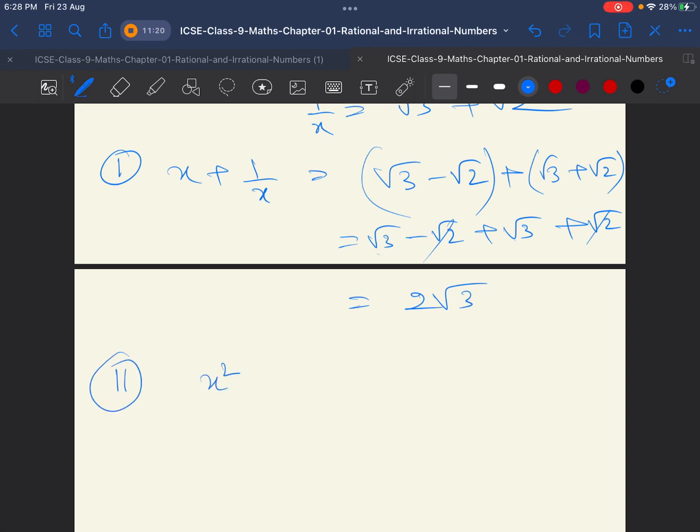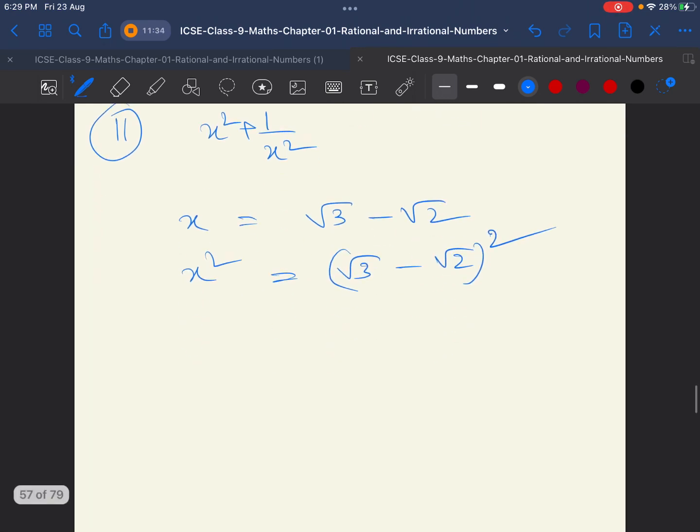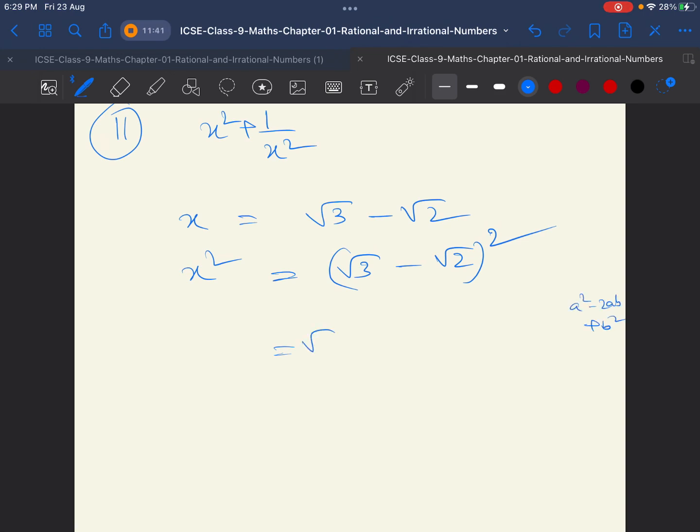Now question number 2, x square plus 1 by x square. Okay, so now we know x equals root 3 minus root 2. So x square equals root 3 minus root 2 whole square. So a minus b whole square, we know a square minus 2ab plus b square. So root 3 square minus 2 into root 3 into root 2 plus root 2 square.